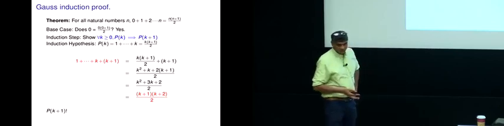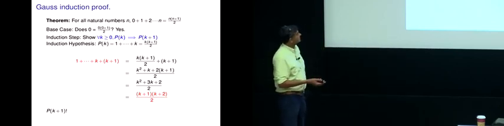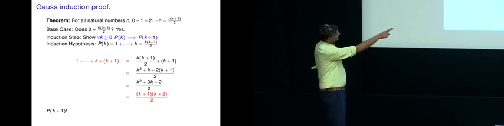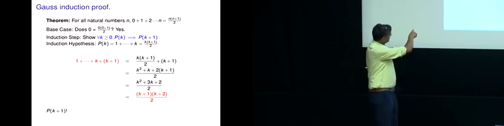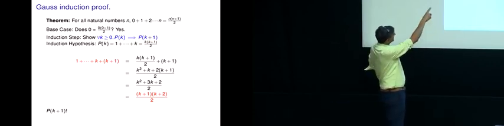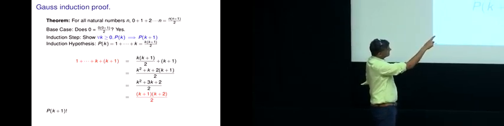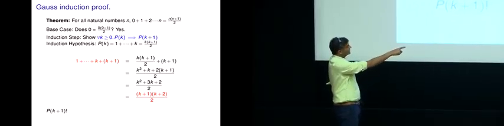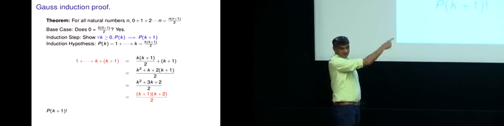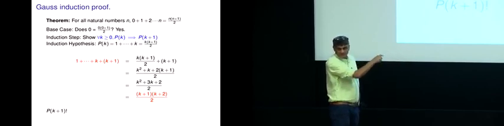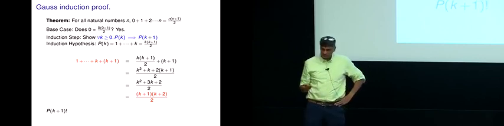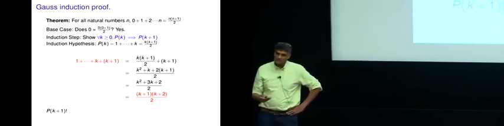That's P of k plus 1. If you look at it, P of k plus 1 says that the sum from 1 to k plus 1 should equal k plus 1 times k plus 2 over 2, which is exactly what I proved.